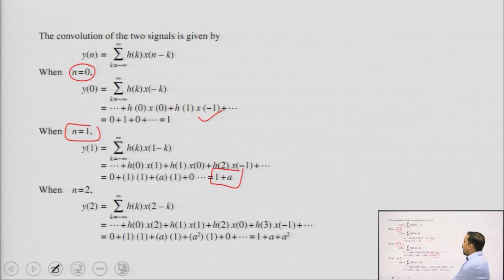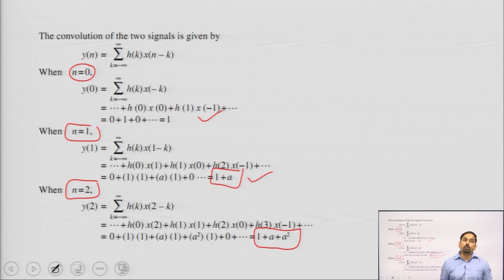At n equal to 1 we have 1 plus a. At n equal to 2 we have h of k x of 2 minus k, put the values of k, and we get 1 plus a square.